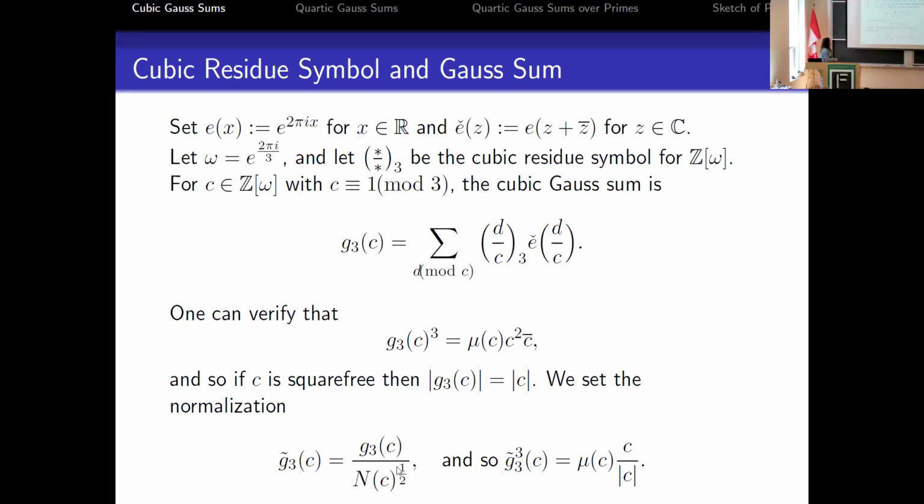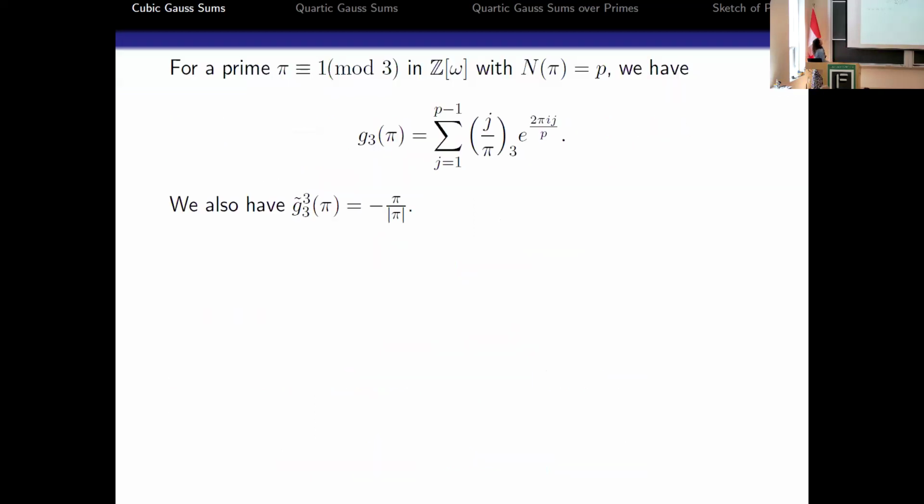And one thing that one can infer from these two formulas is that the cube of the cubic Gauss sum can be evaluated as μ(c) times c over the absolute value of c. This is going to be of relevance on the next slide because we're going to specialize it to c being prime. All right, so consider π to be a prime element congruent to 1 mod 3 in Z[ω], whose norm is a rational prime p.